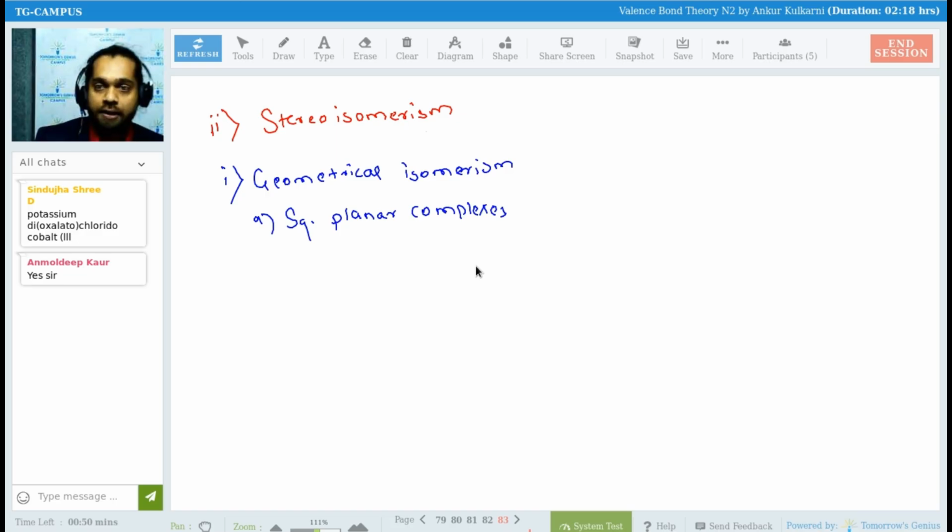What will be the coordination number of metal with the square planar complex? Did you get my question, everyone? Correct. And what will be the coordination number?